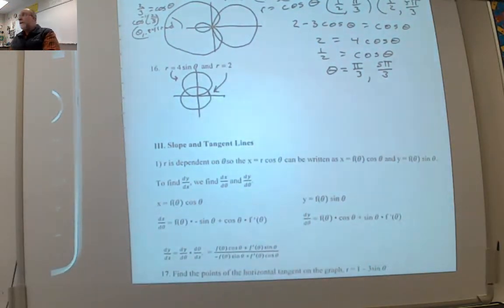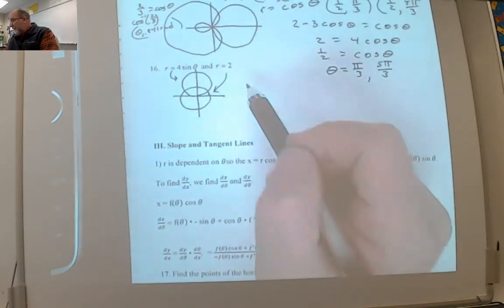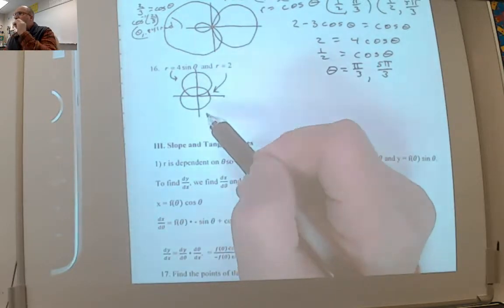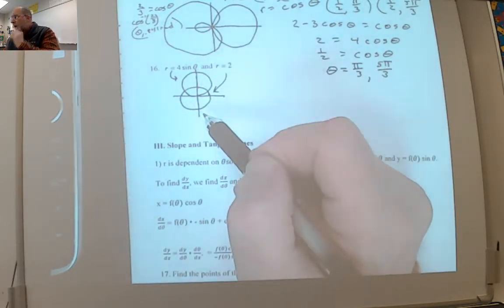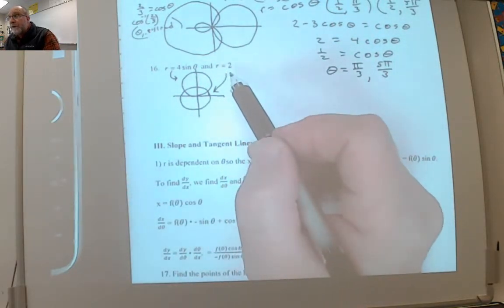They're not perfect, but would you agree that based on yesterday that this is the case? And I think this one's pretty obvious. If I'm always 2 units out and I can rotate any direction I want, I'm going to get a circle that looks like this. So they do not meet at the pole. In other words, there's no theta that I can get that's going to make r 0 on this graph.